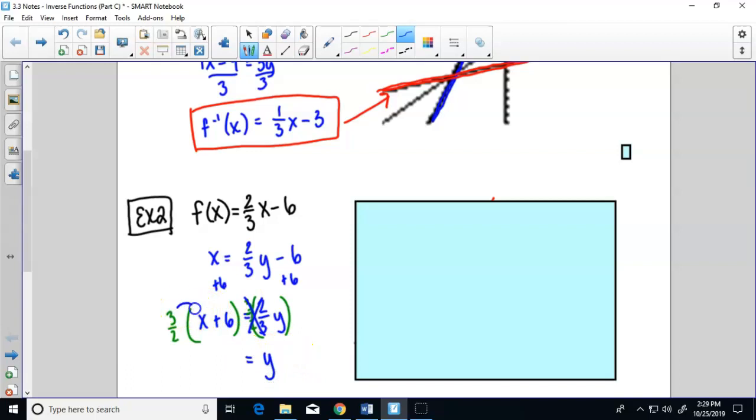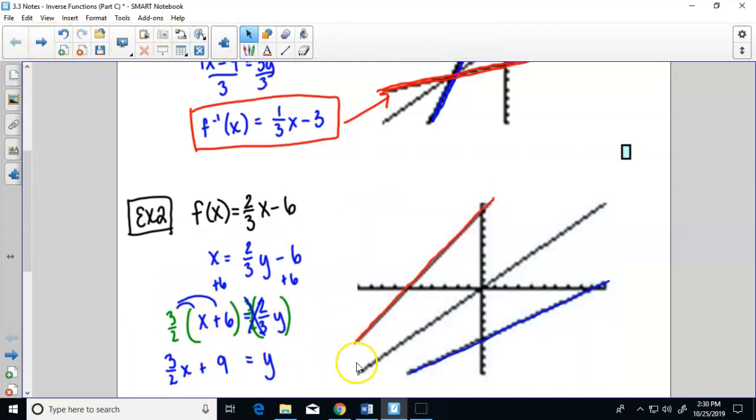Then I'm going to distribute that 3/2. So I'll have 3/2 x plus, let's see, that's going to be 18 over 2, which is 9. And so that is our inverse function. Let's look at the graph for that one.